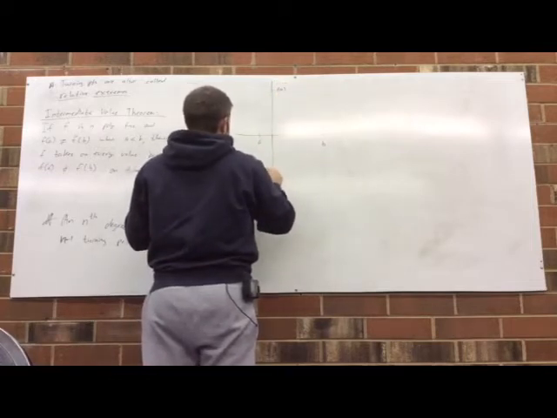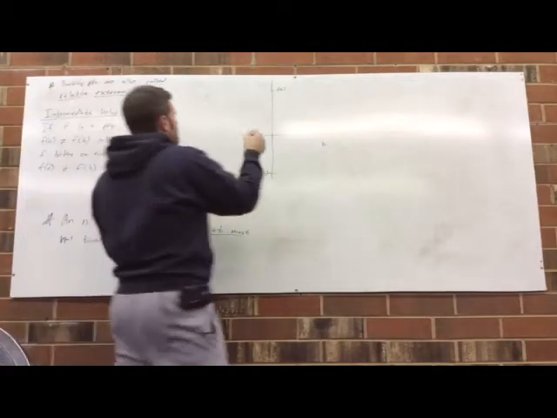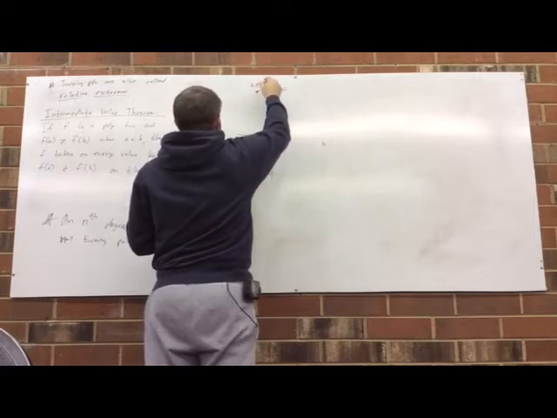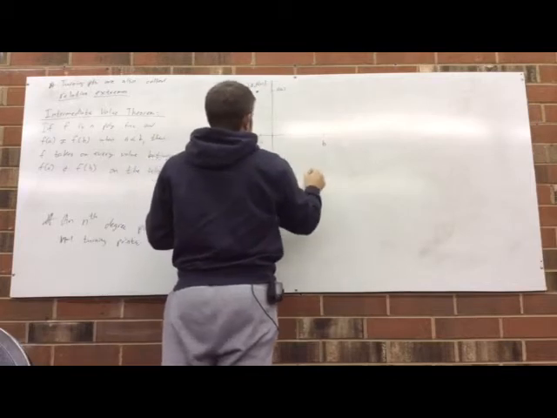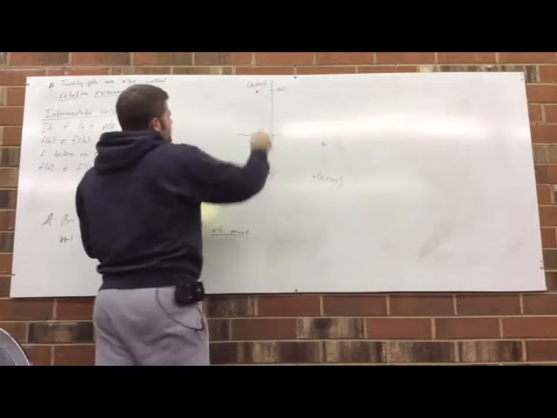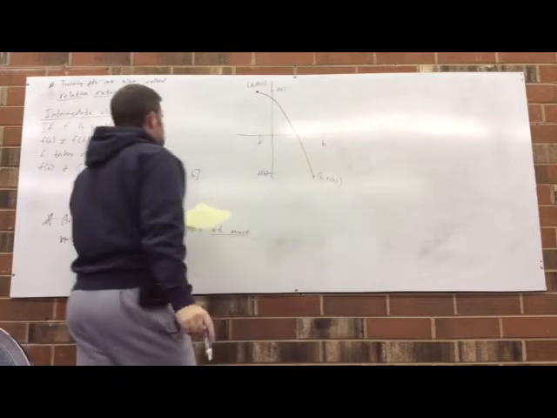And let's put f of b down here. Okay, well, let's say our function works out such that this is the point A, f of a, and let's put the point down here, B, f of b. And it doesn't really matter what our graph looks like. Let's just say it's a downward slope there.